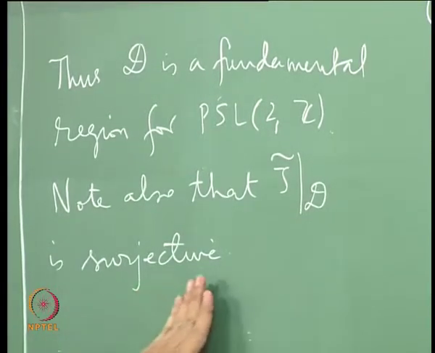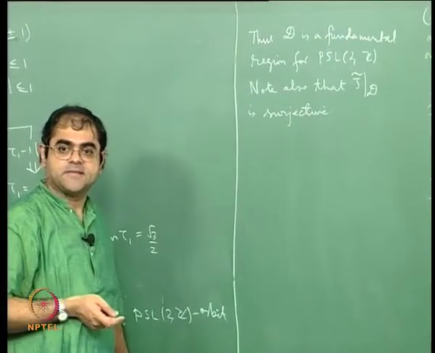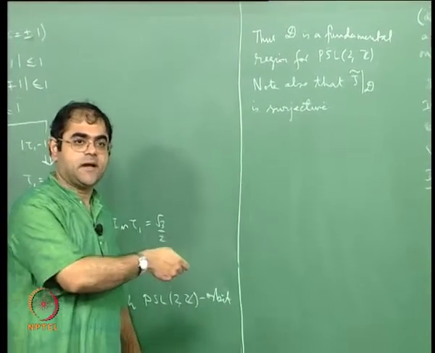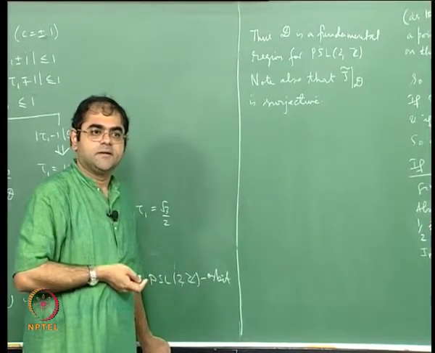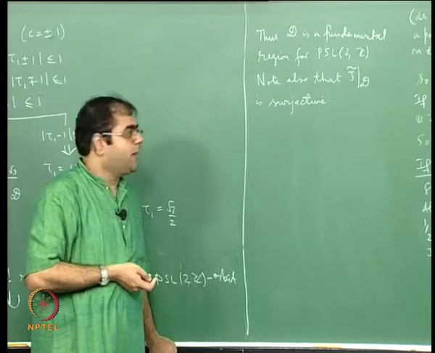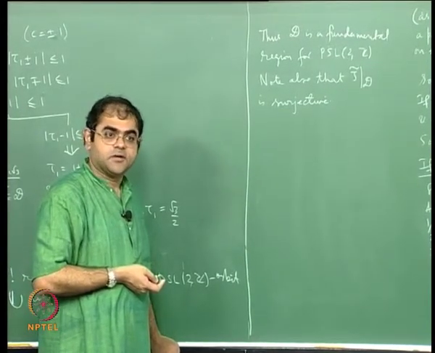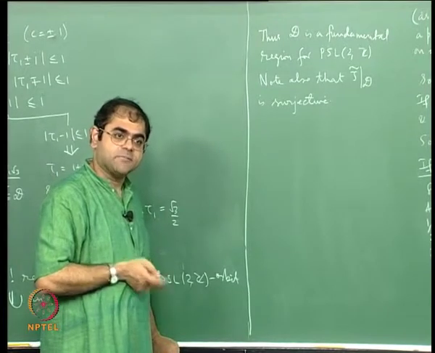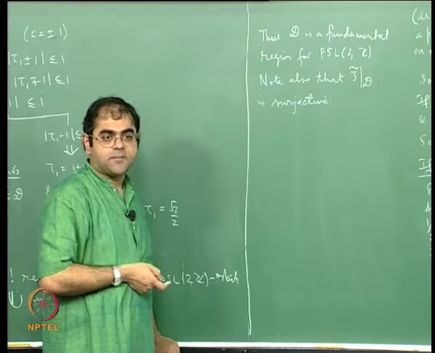I am saying surjectivity is immediate, and why is that true? That is because J tilde we know is already surjective, which was proved using the fundamental theorem of algebra. So given any value, J tilde will take that value at some point in the upper half plane.